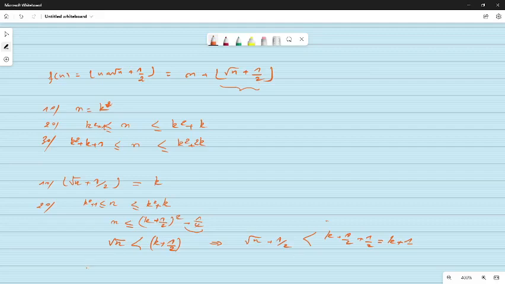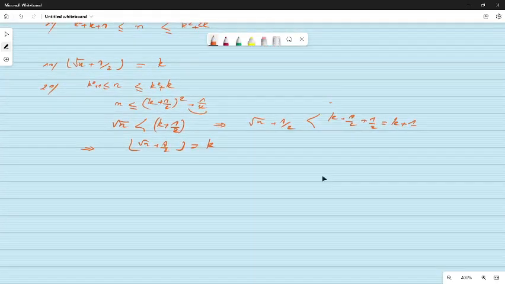And this implies that the integral part of t is equal to k.